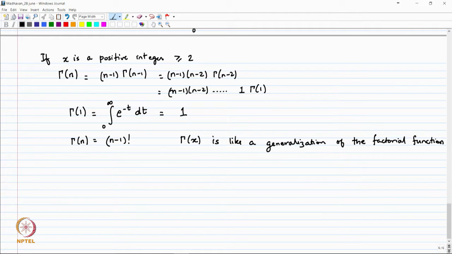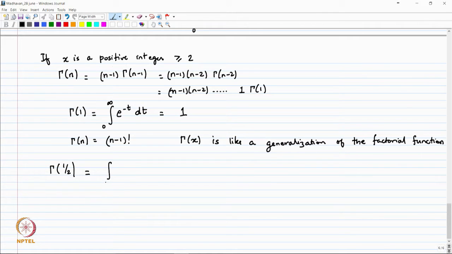The reason we decided to generalize the factorial function is that this integral appears a lot in applications. So now let us look at gamma of half. Half integers are also something that appears very often.